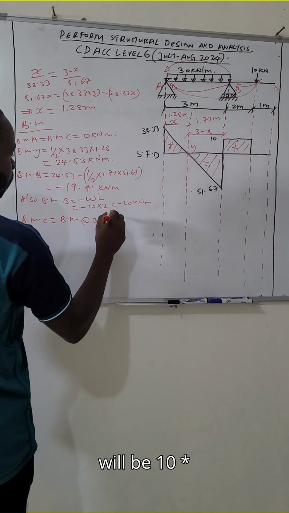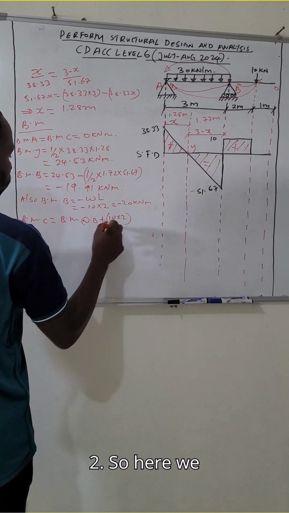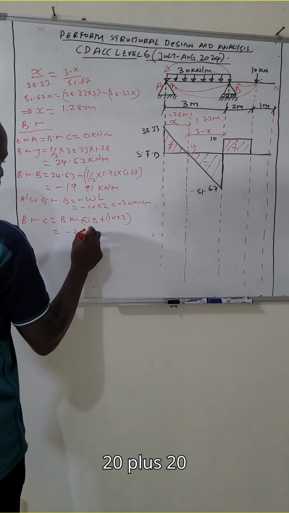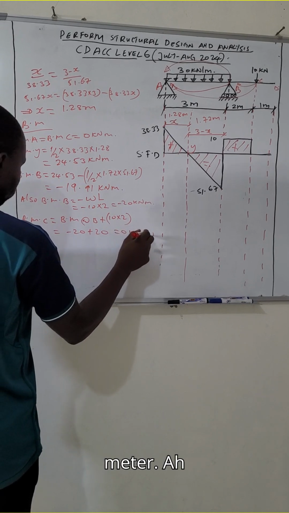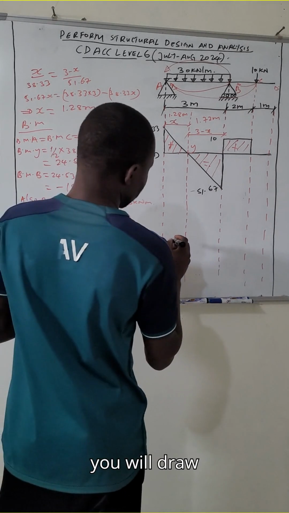So it will be 10 times 2. So here we have negative 20 plus 20 equals 0 kilonewton meter. So having those values for bending moment, we can now draw the bending moment diagram. So you will draw your baseline.